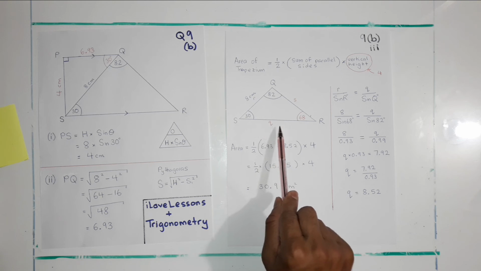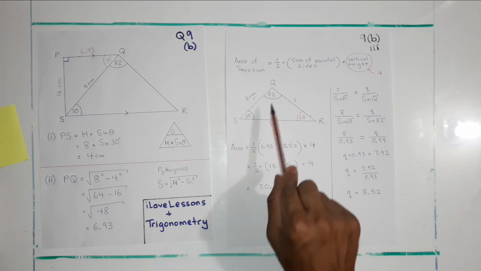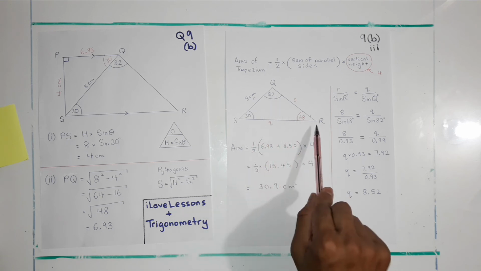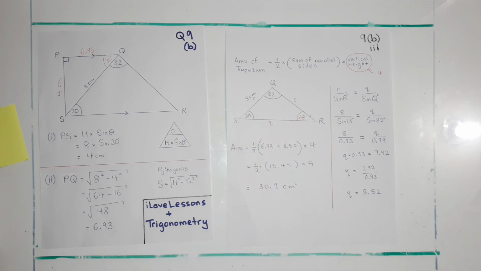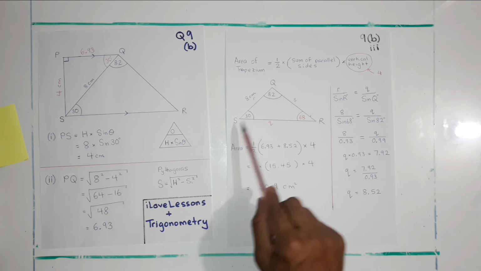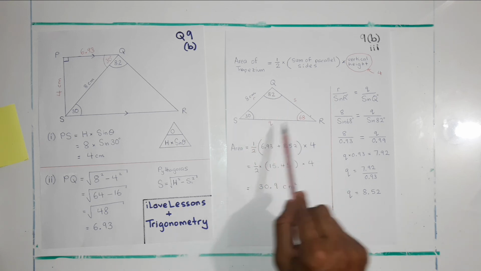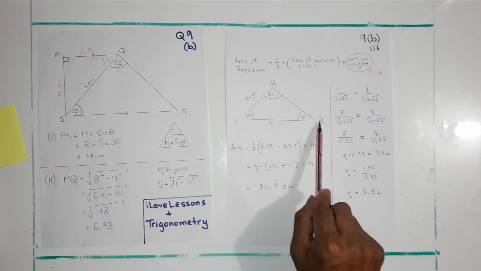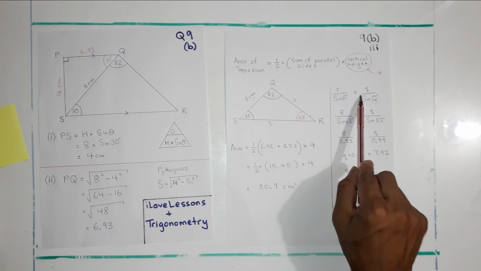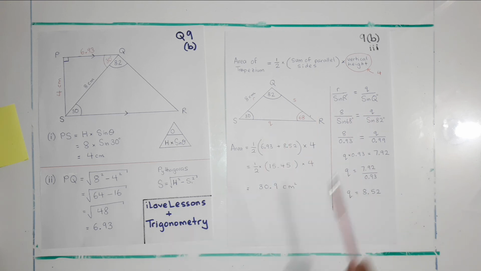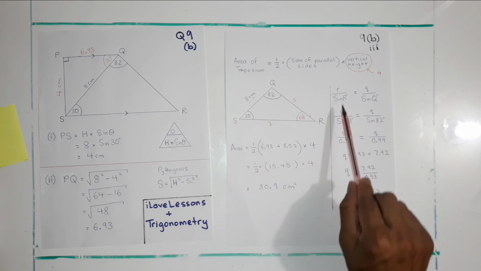So in the hard sine rule, there are 3 letters: P in this one is R, S, and Q. You have to throw away one of them. The one we ended up throwing away is S because we had to find Q. So we kept the Q's and we have capital R and small r. So this is the hard sine rule for this particular triangle. I substitute in the values. Small r is 8.